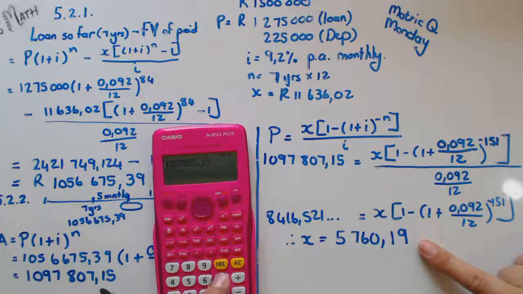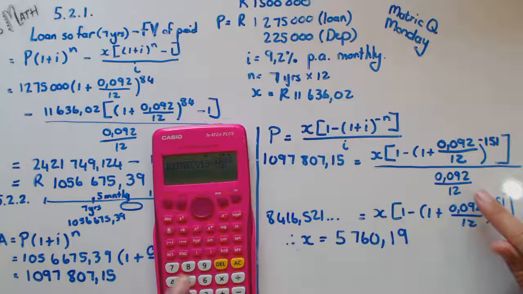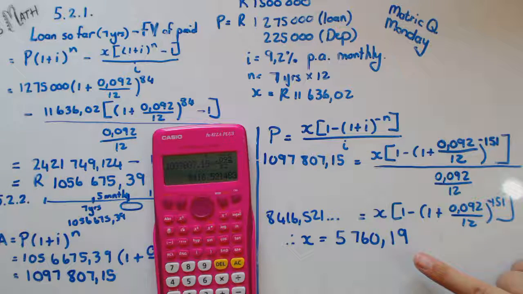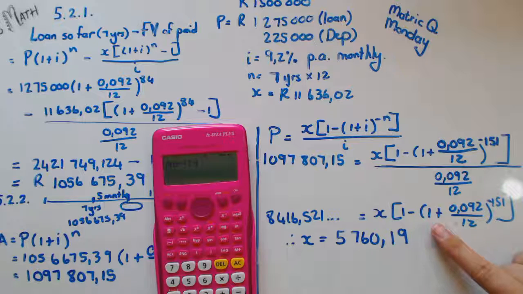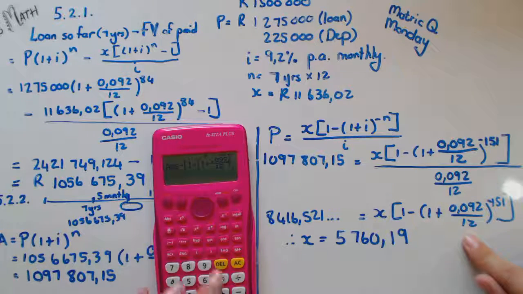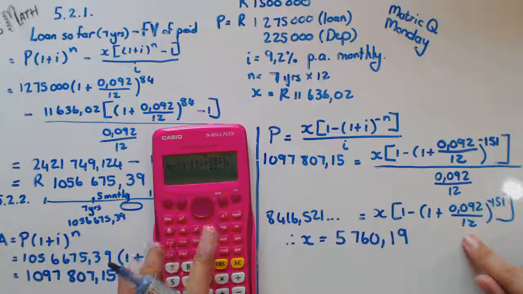0.15 times 0.092 over 12, is that divided by 1 minus 1 plus 0.092 over 12 to the power of minus 151.